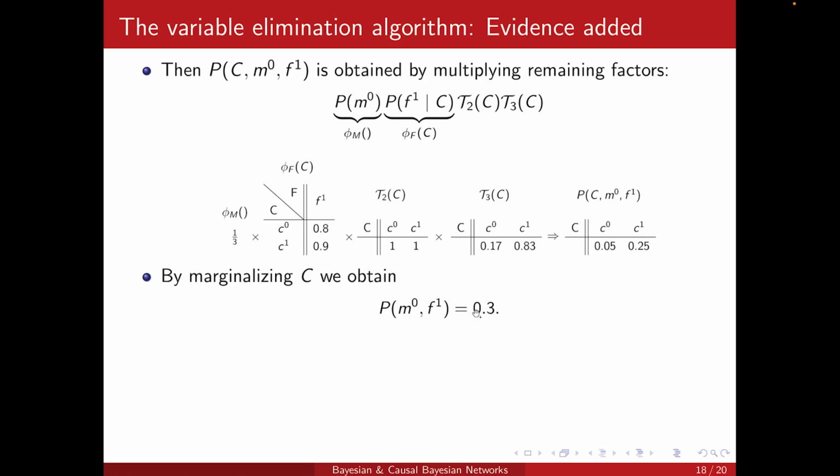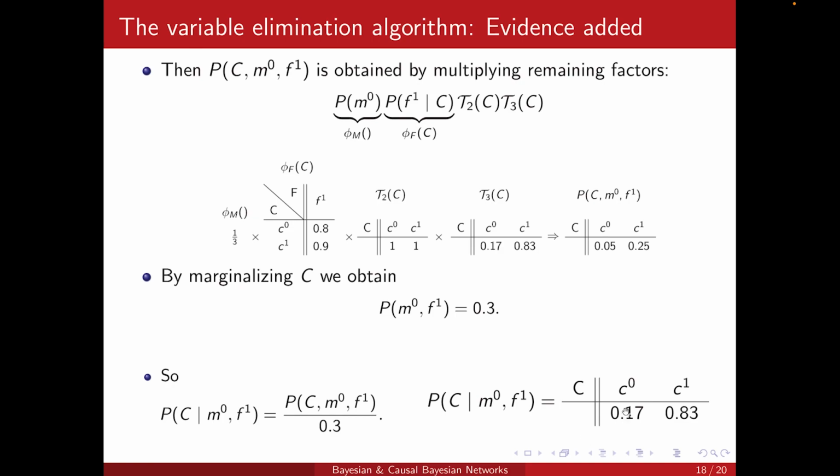Okay, this probability is 0.3, which you can see by adding these 2 columns. So the fraction that I was looking for is this, and depending on the value of C, I can have either of these 2 probabilities. So if we want to know the person is infected, it will be 83%. Otherwise, it's 17%.